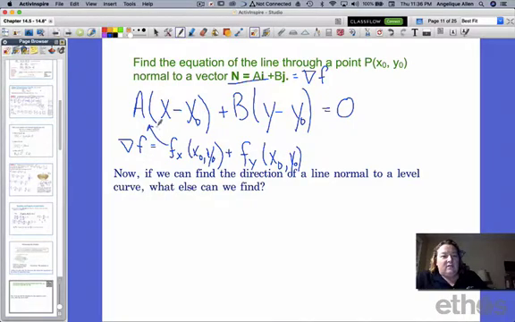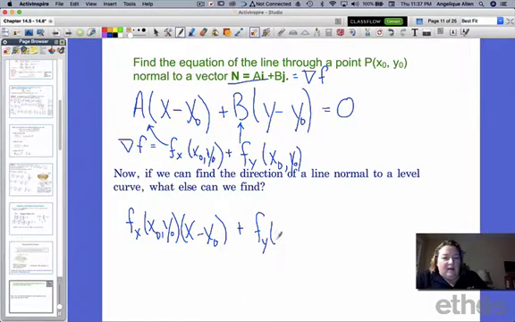So if we insert this here and this here, we're going to have the partial with respect to x, but we're going to go ahead and evaluate it at a point so we don't have to deal with ugly functions, times x minus x naught, and then the partial with respect to y evaluated at our point, times y minus y naught.